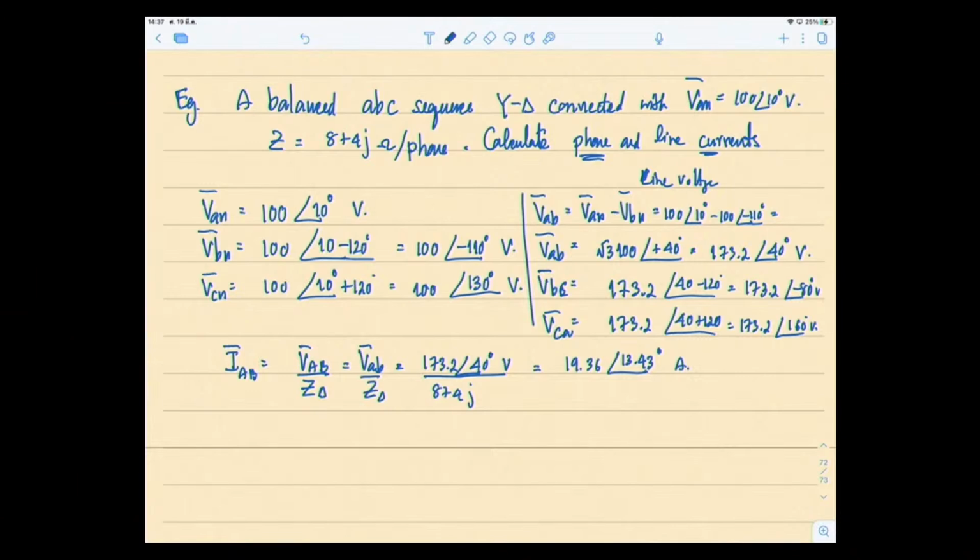Okay. So next one, IBC. IBC would be the same magnitude, so 19.36, and there would be 120 degrees apart. Okay, it's an ABC sequence. So you can answer right away that this would be 13.43 minus 120.